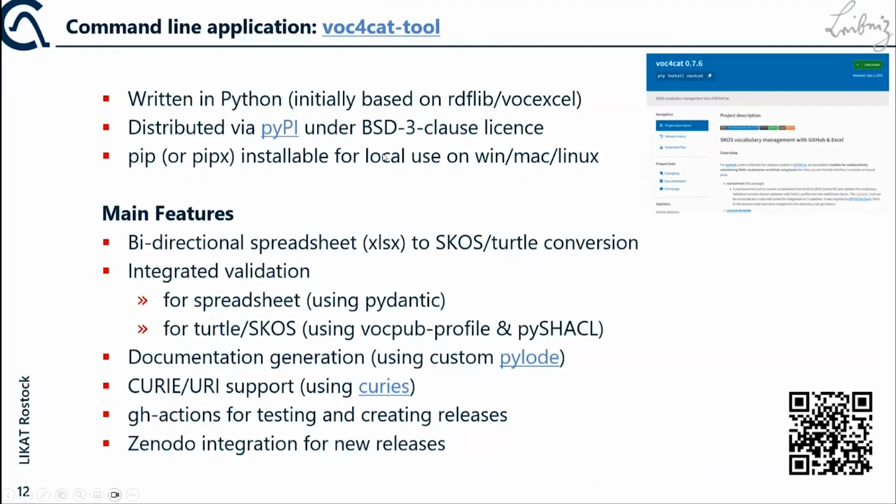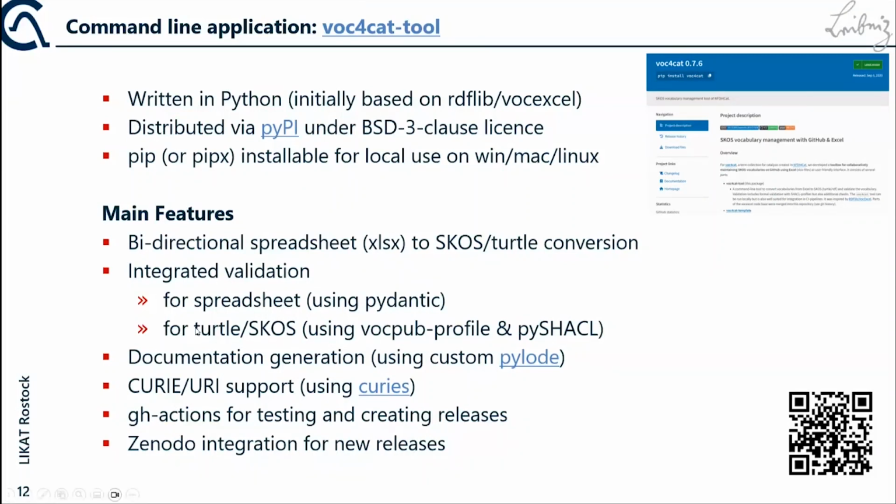And if users want to use it locally, because it's quite nice to test your Excel or maybe to convert it into different representations, you can also just pip or pipx install it from PyPI. The main features are a bidirectional conversion between spreadsheet and SKOS Turtle.